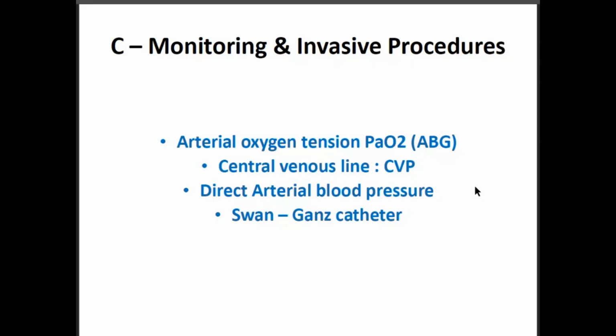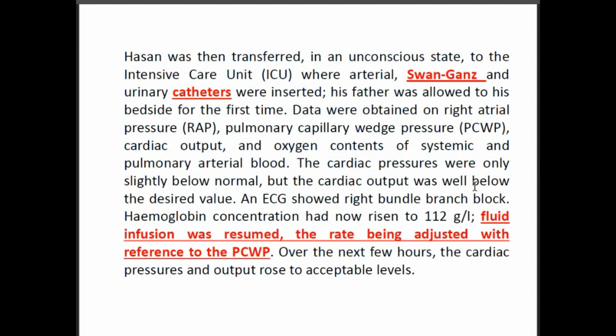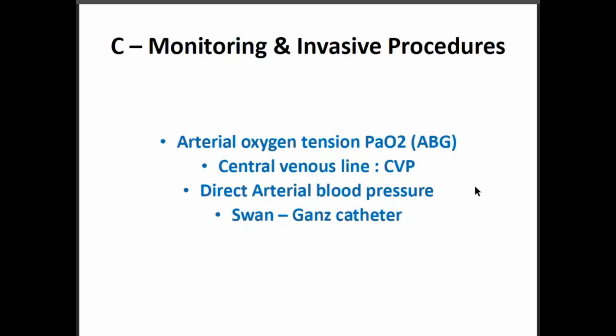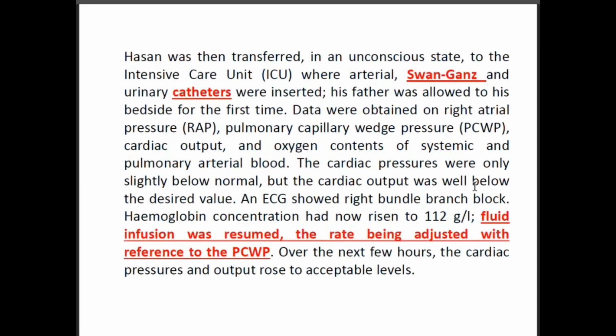And Swan-Ganz catheter, which generally indicates central perfusion. I mean, this catheter goes right away into the lung and it indicates how severe is the shock. The central arteries, which is the pulmonary artery.